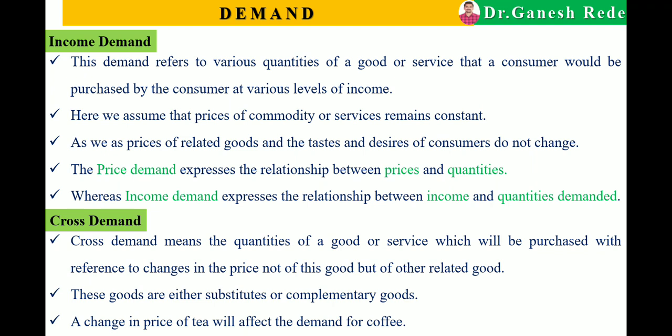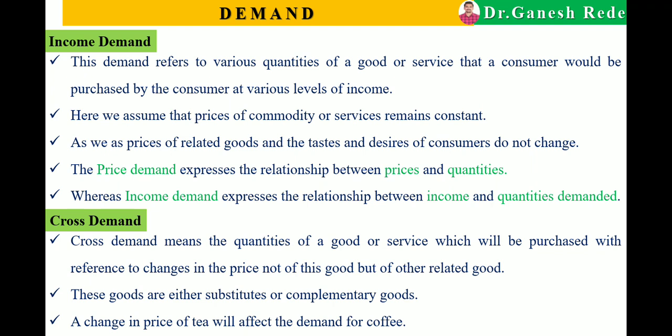Means the demand for a particular good depends on the income of that consumer. So here we assume that prices of commodities or services remain constant. When we study income demand, we consider the prices of goods and services to be the same or constant.